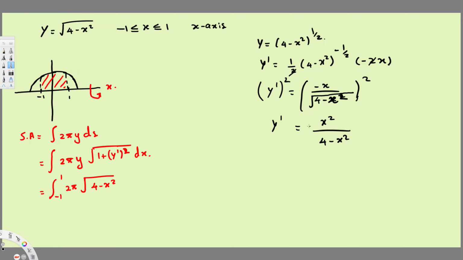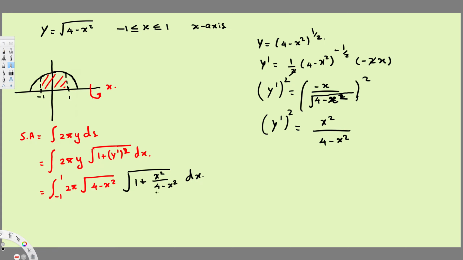This is our y prime square. Now let's go ahead and plug it in this ds equation, that is 1 plus y prime square, which is 1 plus x square over 4 minus x square, dx.